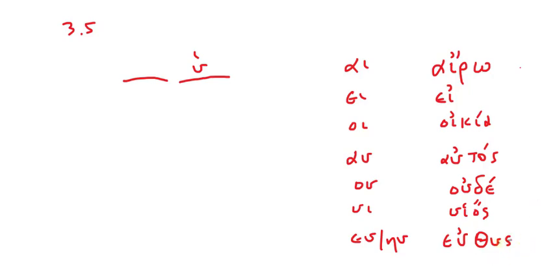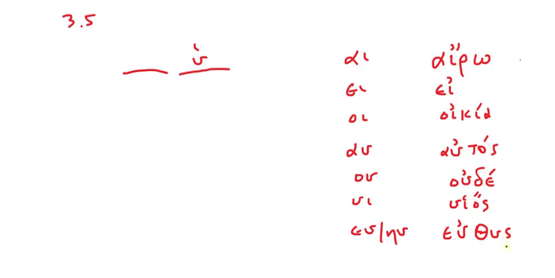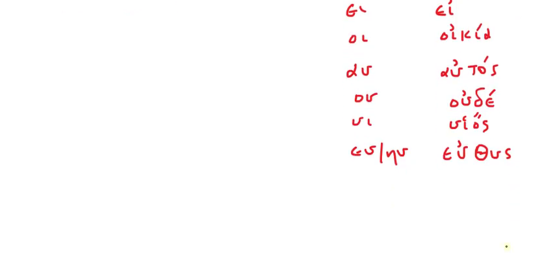Okay, remember, diphthongs form how many vowel sounds? One. So even though you see three vowel letters, this is only two vowel sounds. Euthus.